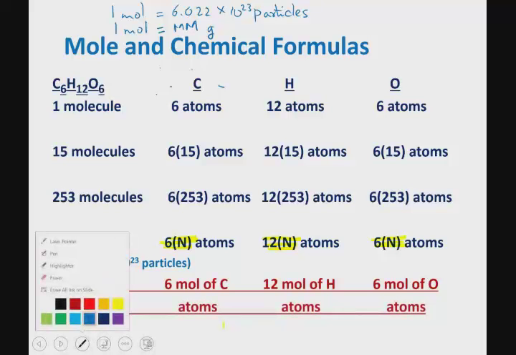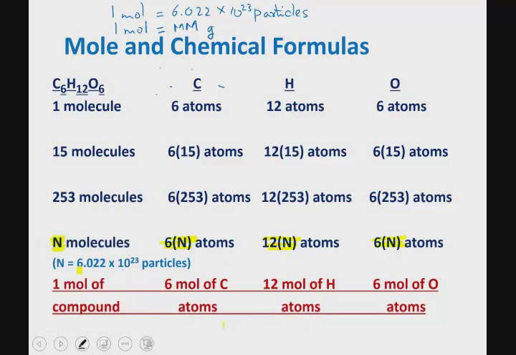So from now on, when we talk about the chemical formula of any substance, whether it's an element, a molecular compound, or an ionic compound, we need to remember that the subscripts give us the number of moles of atoms of each element in 1 mole of that compound. In other words, instead of talking in terms of atoms, we will talk in terms of moles of atoms or moles of ions and so on.